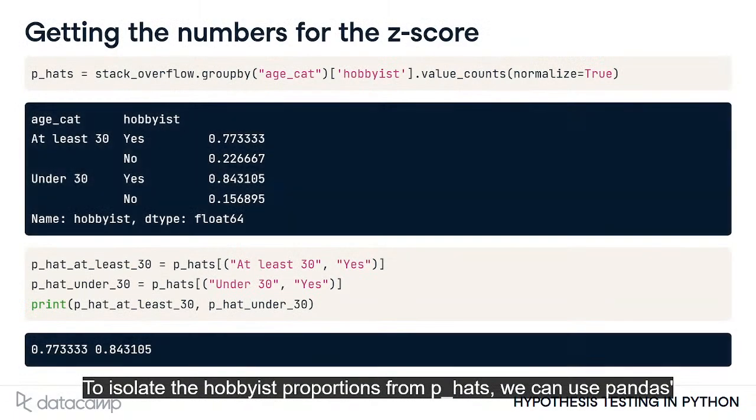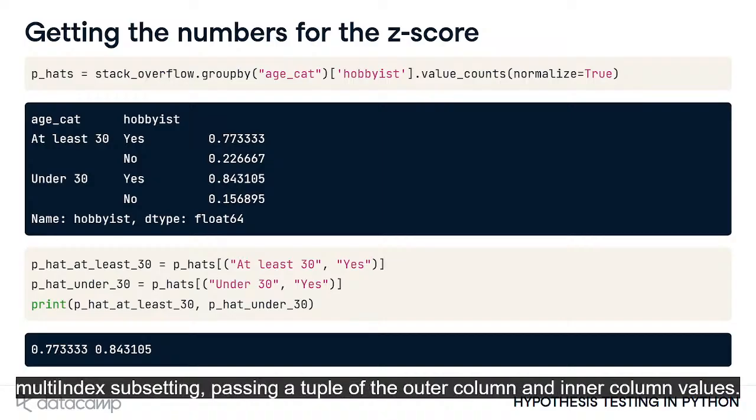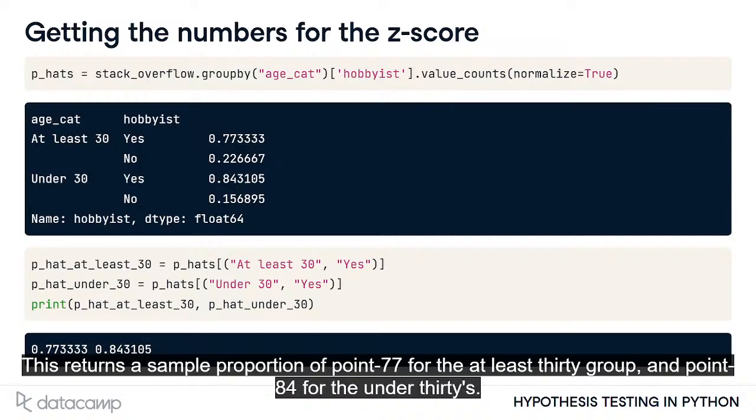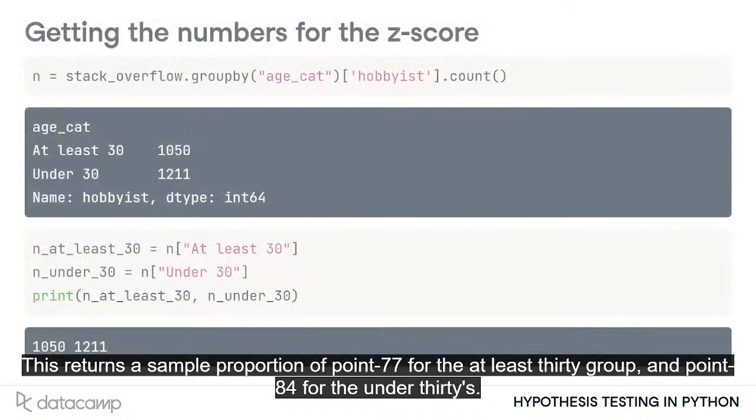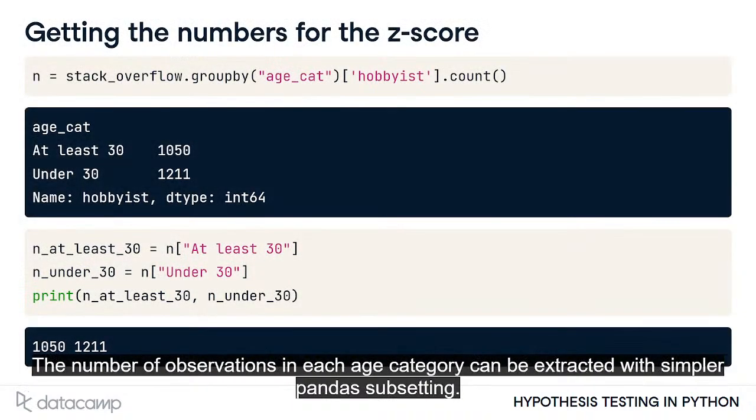To isolate the hobbyist proportions from the p-hats, we can use Pandas' multi-index subsetting, passing a tuple of the outer column and inner column values. This returns a sample proportion of 0.77 for the at least 30 group and 0.84 for the under 30s. The number of observations in each age category can be extracted with simpler Pandas subsetting.